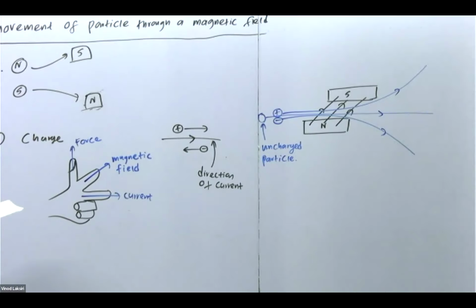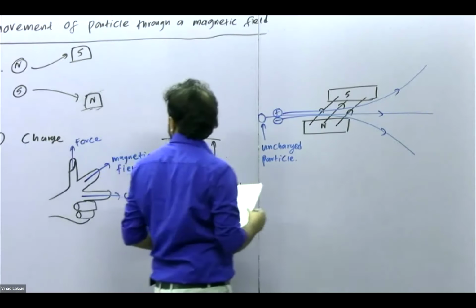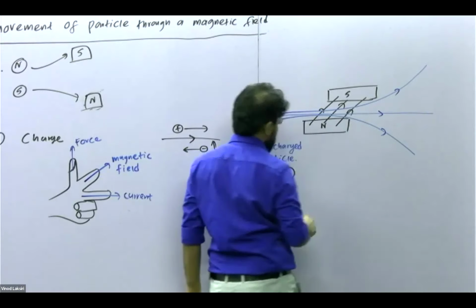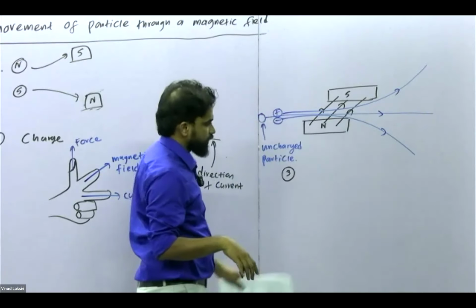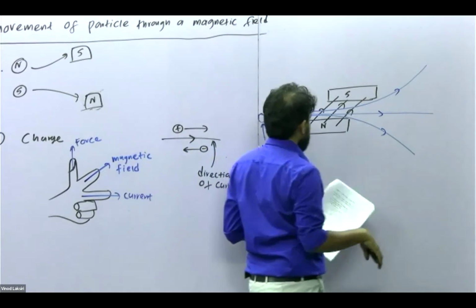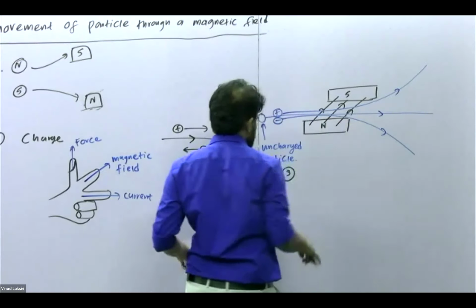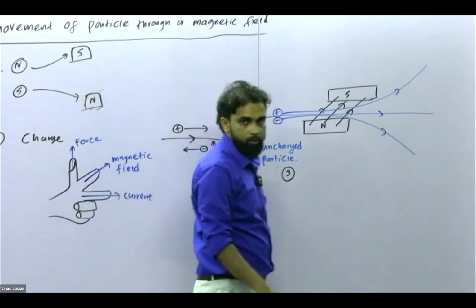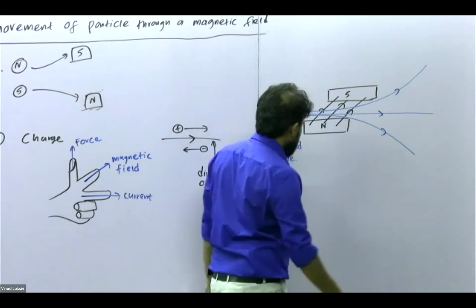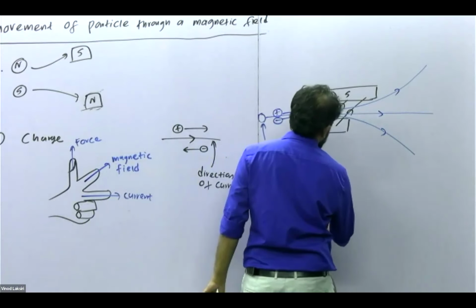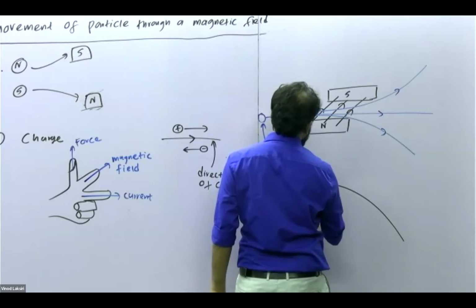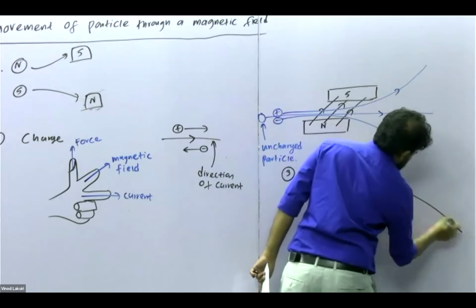And next one, third point: when some charged particle, positive or negative, passes through a magnetic field, it will deflect, right? The magnitude of the deflection. What is the magnitude of the deflection? Think of a particle deflecting like this, which I will call capital B, and another particle, capital A, like this.